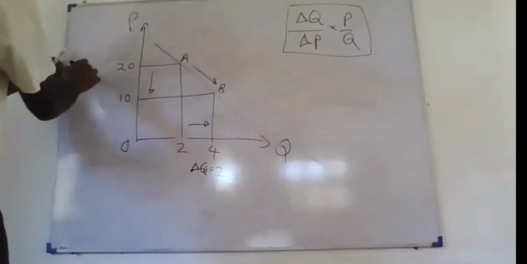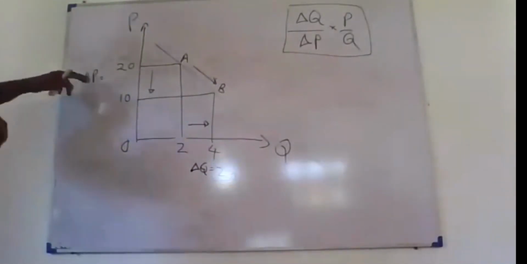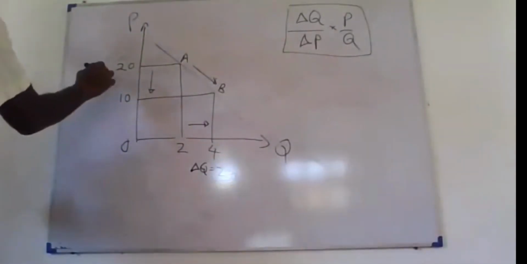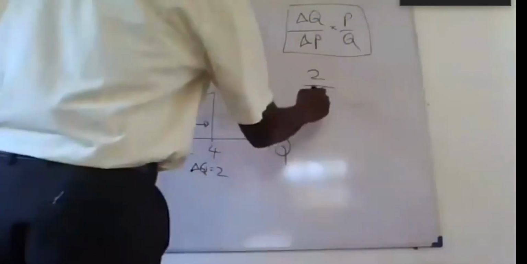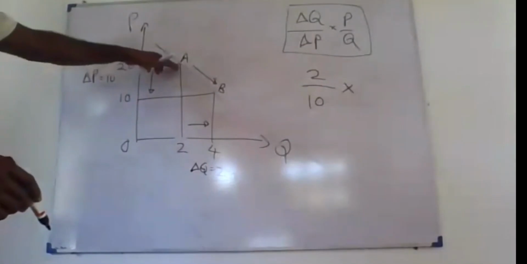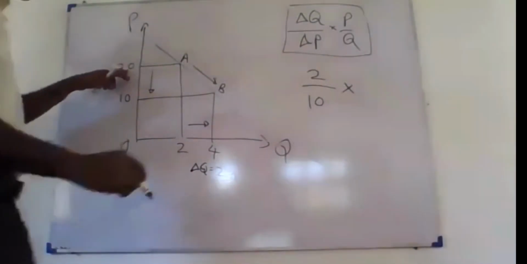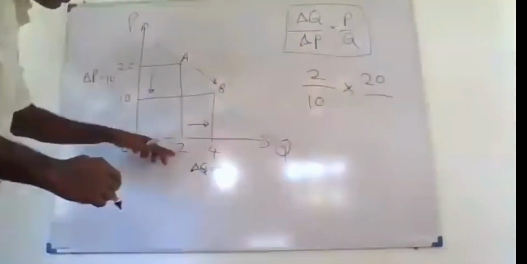And delta P, I hope you can see it, delta P equal to 10. You just put those values. Delta Q equal to 2, delta P equal to 10, and get the initial price, because this is the point we are interested in. That point is 20 and the particular quantity is 2.